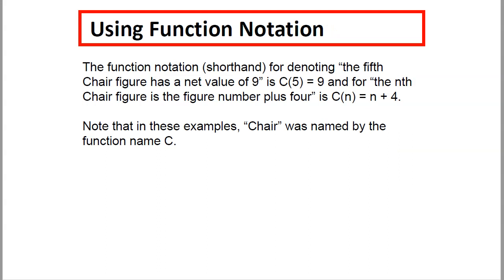The function notation shorthand for describing the fifth chair figure has a net value of 9 is c of 5 equals 9. And for the nth chair figure, the figure number plus 4, is c of n equals n plus 4. Note in these examples, chair was named by the function name c.